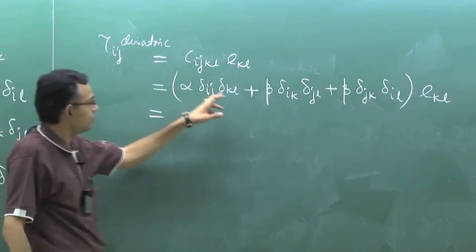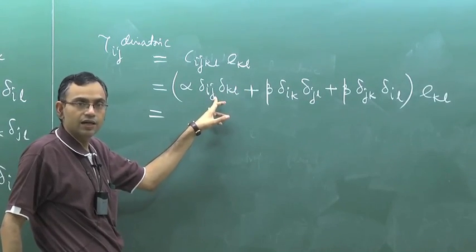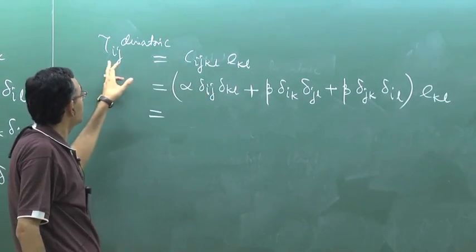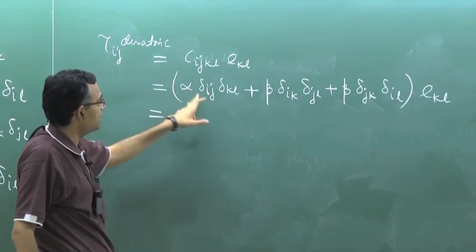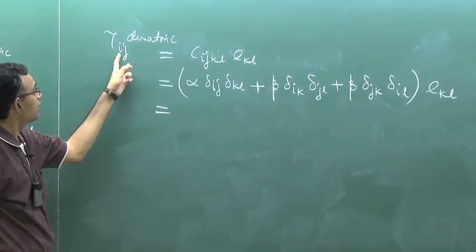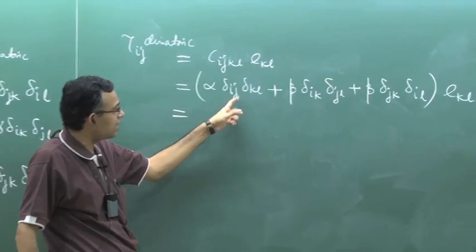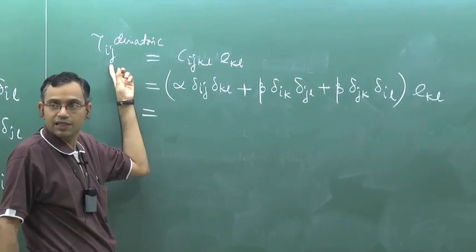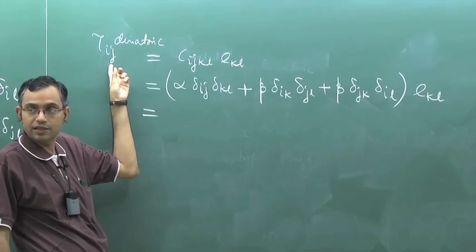Now you tell, delta ij is, these are i and j free indices because they are there in both left hand side and right hand side. So you really do not change i and j because you already have ij in the left hand side. So right hand side ij is the same as whatever is there in the left hand side, that you cannot change unless you change the left hand side indices.